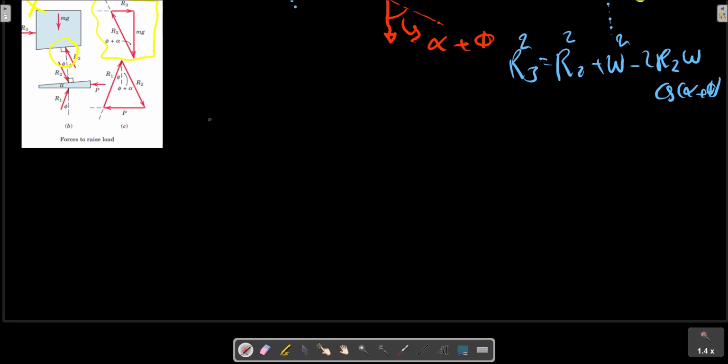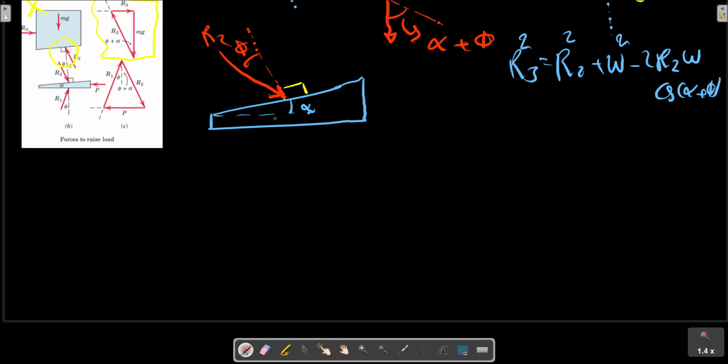For the wedge, we have alpha here and the normal, rectangular with R2 to the normal, R2 with phi angle, and R1 also has the same angle phi with this surface, and a force P here.